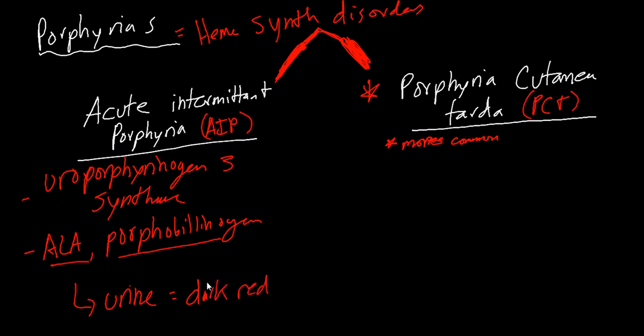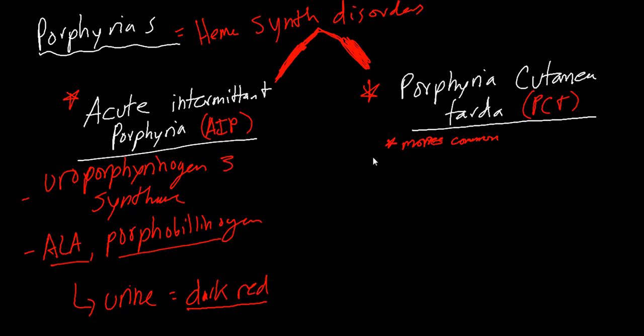So if a parent comes in and says their child is urinating, and in their diaper you see a dark red substance, you need to be thinking, is it possibly a heme disorder? Could be a few other things, like a nephritic disease, except that would be more of a bright red. However, you could see a darker red, a dark wine-stained color. You need to be cluing into, could it be an acute intermittent porphyria?